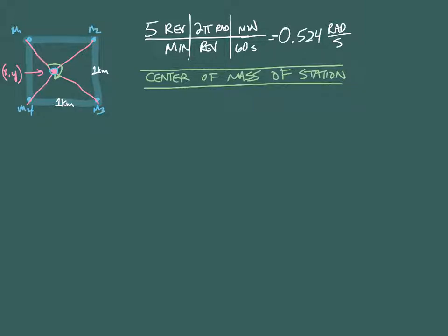So center of mass. If I put the 4 megakilogram one here and the 1 megakilogram one here, that gives me 5 megakilograms above.